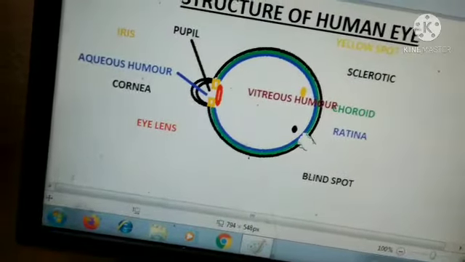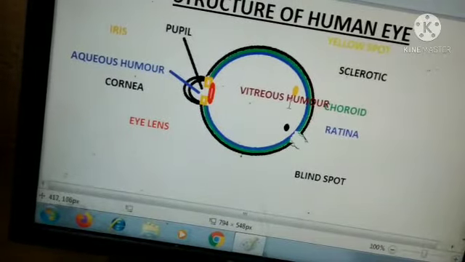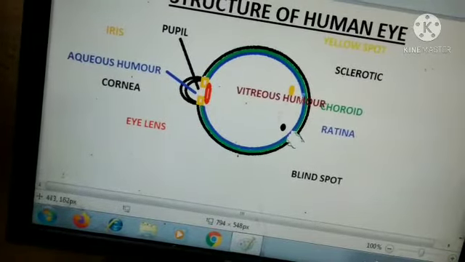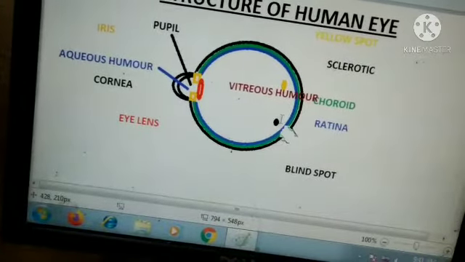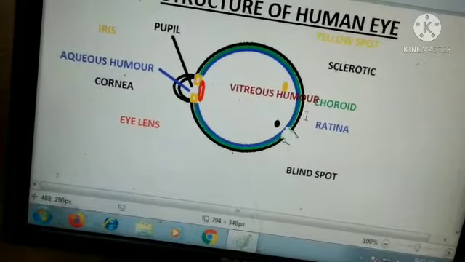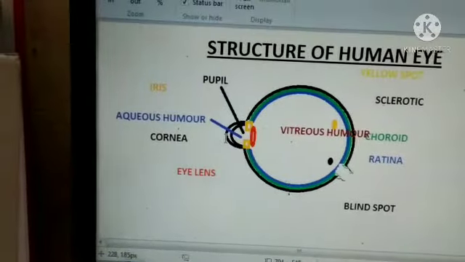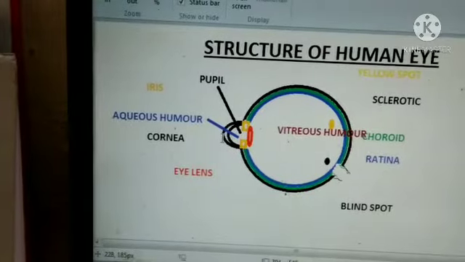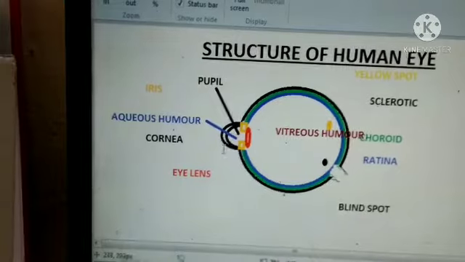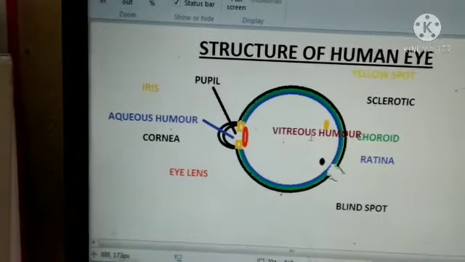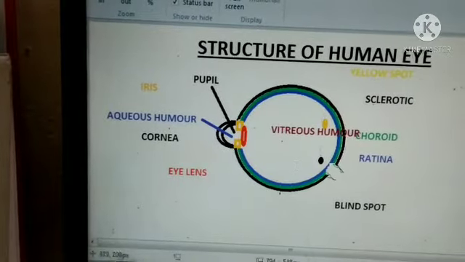And this yellow spot in the middle of the retina, this is the yellow spot, and here the image is very clear. Now this aqueous humor is a liquid between the cornea and the iris, and this vitreous humor is filled in the eye behind the lens.